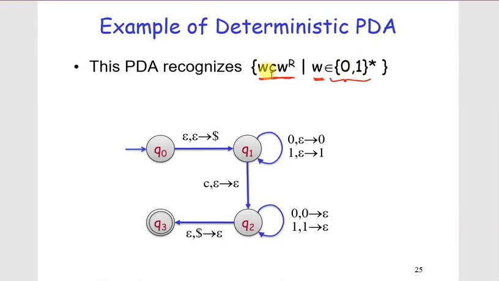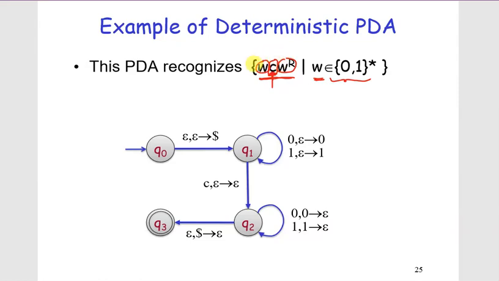This is a deterministic PDA because in this combination of string W and W reverse, there is a symbol C that lets our diagram know which is the left string and which is the right string. The left one is W, and the right string is W reverse. So alphabet C is in the middle of the whole string.